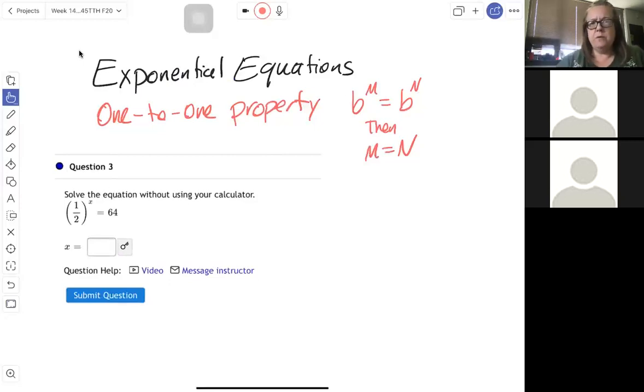So problems 1 through 3 all have numbers on each side of the equation where it's easier to find that common base and write the exponents that you would need.